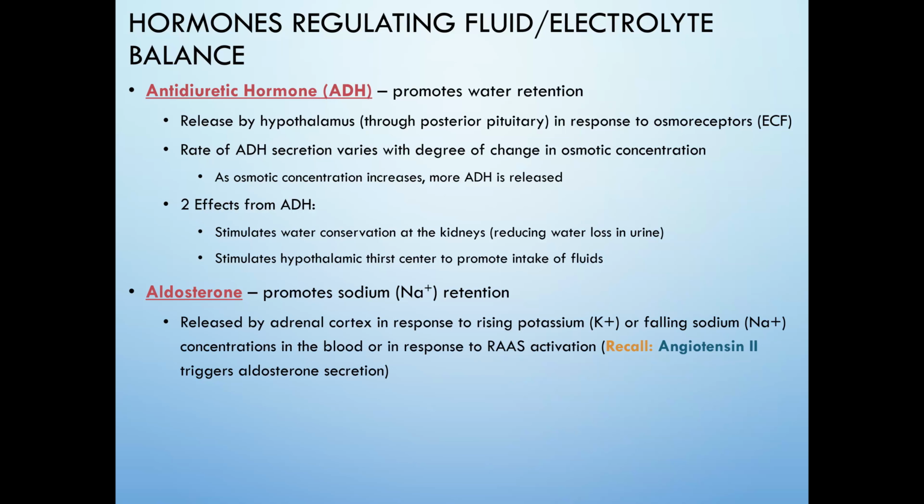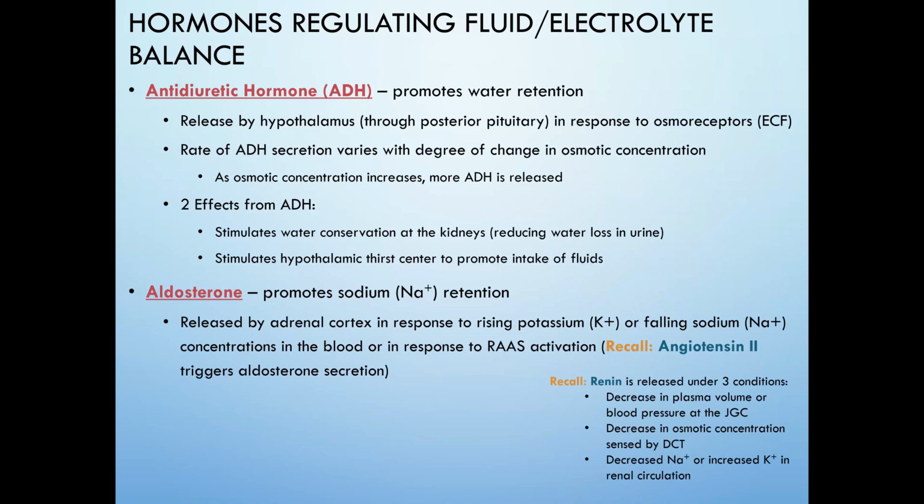The second major hormone is aldosterone, which promotes sodium retention. This is released by the adrenal cortex in response to either rising potassium or falling sodium concentrations in the blood, or in response to the renin-angiotensin-aldosterone activation pathway. Remember that in that pathway, the end product, angiotensin 2, triggers the secretion of aldosterone.